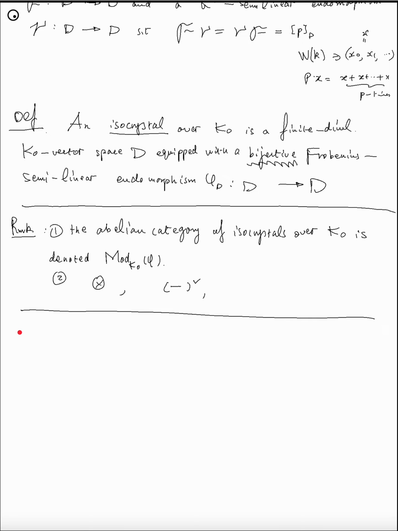Now, a very important example of an isocrystal. This isocrystal will be seen as a building block later.